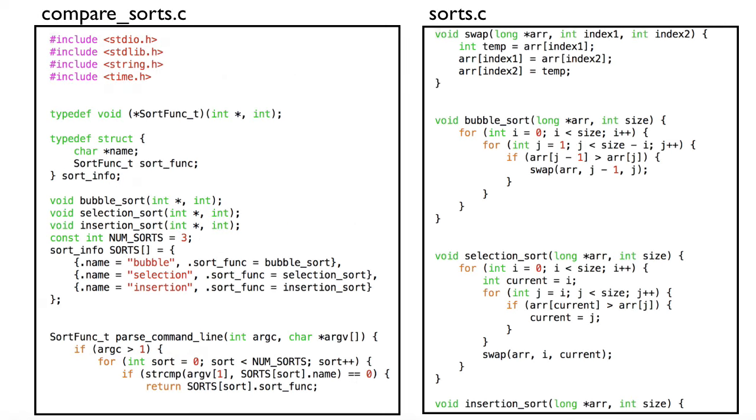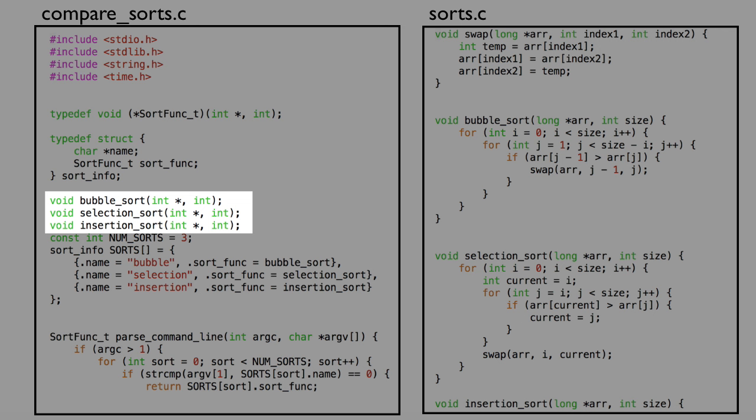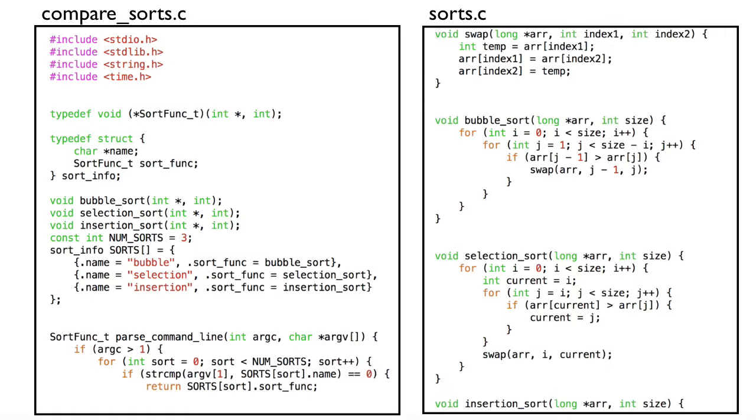If the sorts were implemented within the file that uses them, instead of just being prototyped, then we'd get a type mismatch when we try to compile the file. But the implementation and usage are in separate files, and we're using separate compilation. The types are checked for consistency separately, and as far as the compiler can tell, everything in compare sorts is consistent.